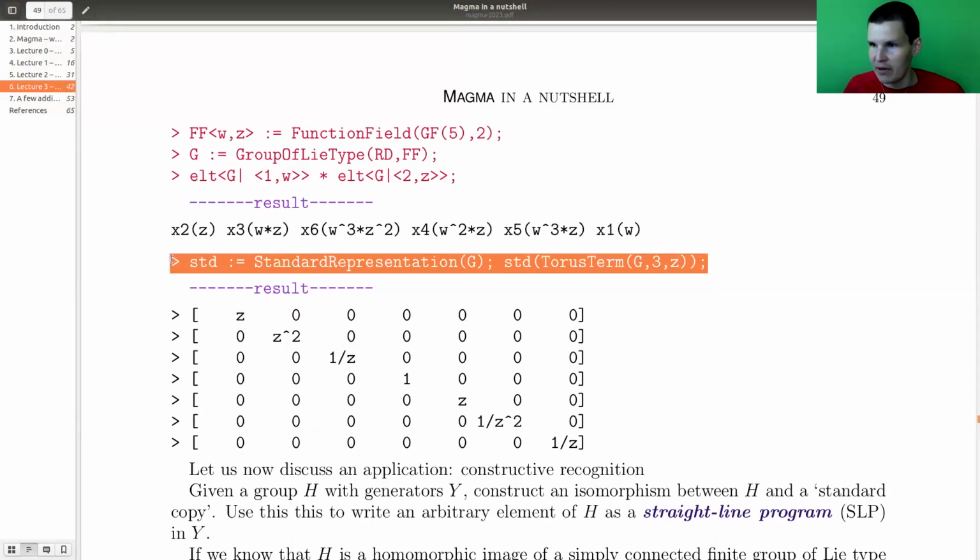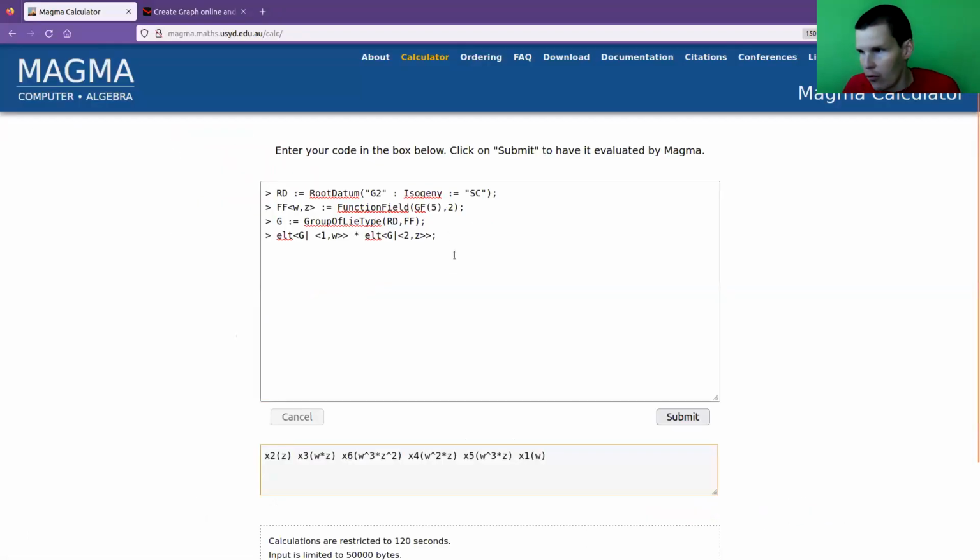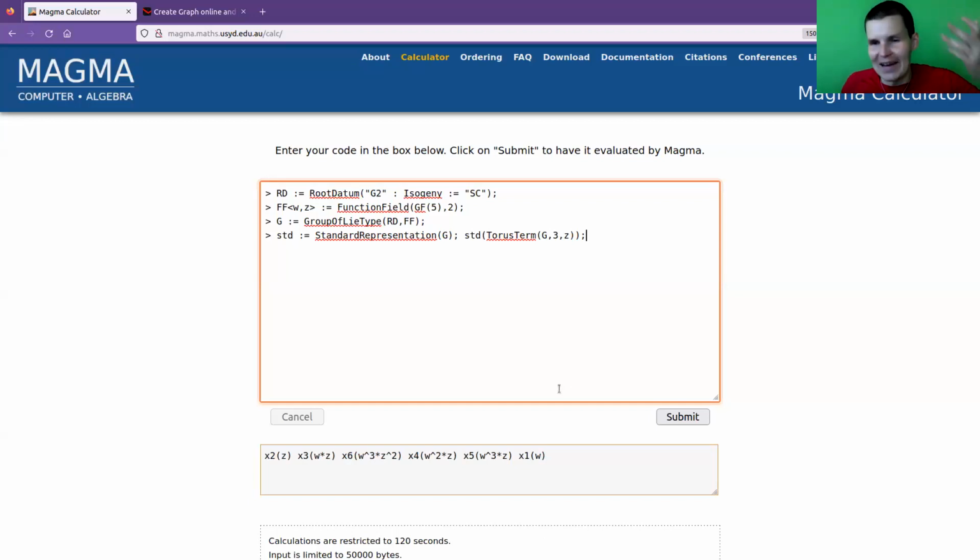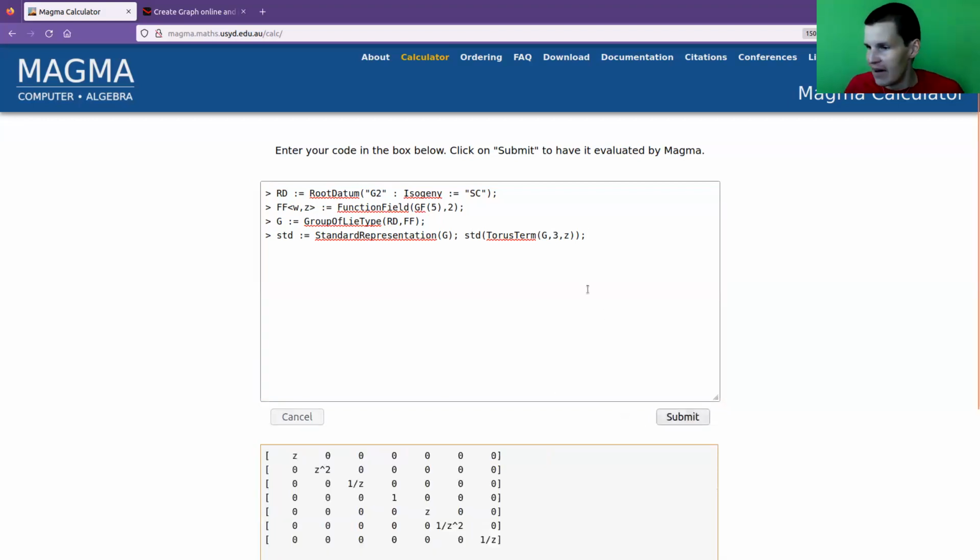So for example, it has a built-in standard representation, it has the torus in terms of the standard representation, and all that fun stuff. So here, the standard representation, usually, well, almost always, is a minimal dimensional, non-trivial representation.